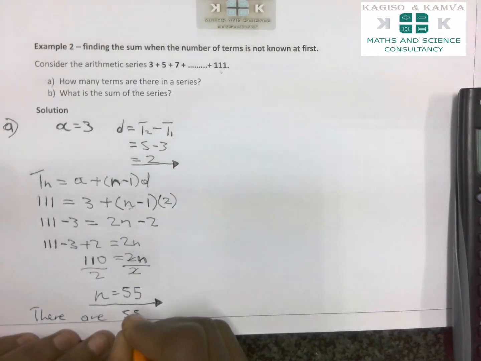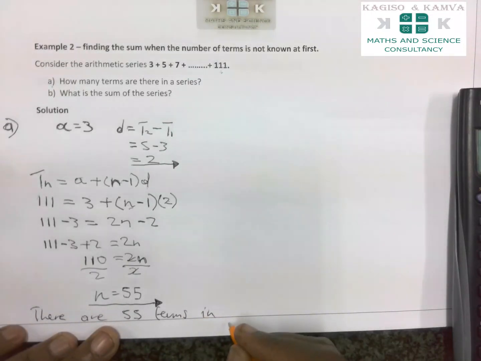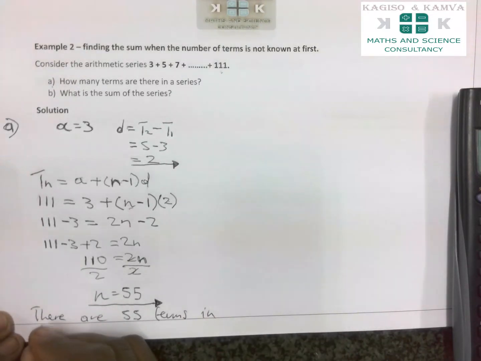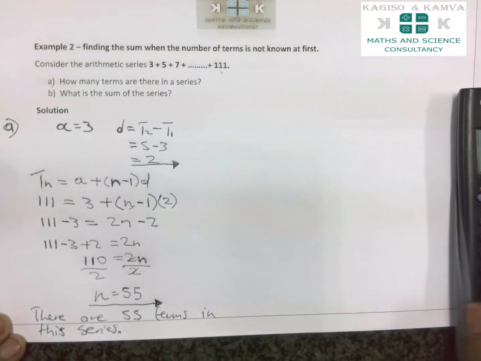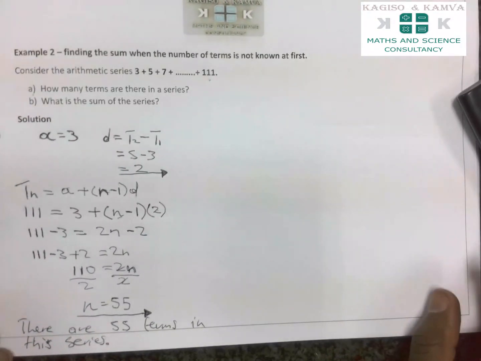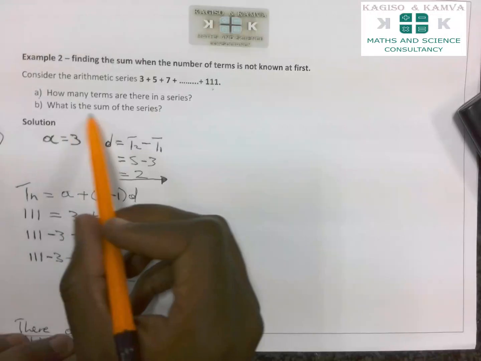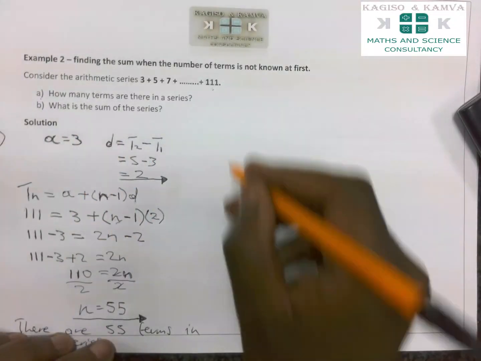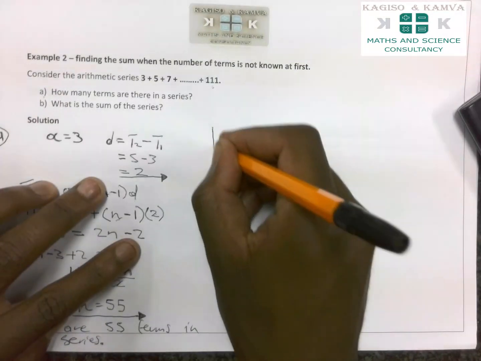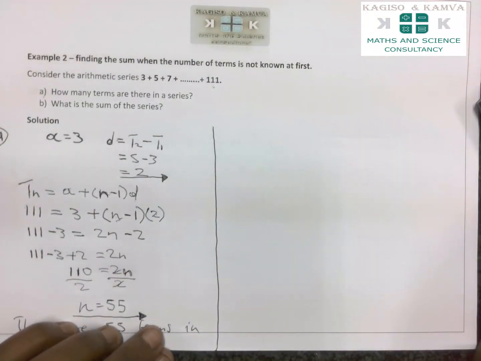There are 55 terms in this series. Now let us do B. What is the sum of the series?